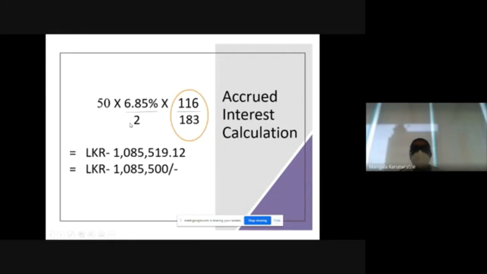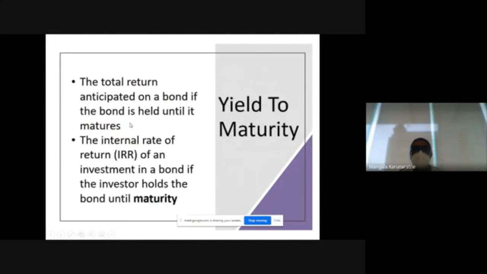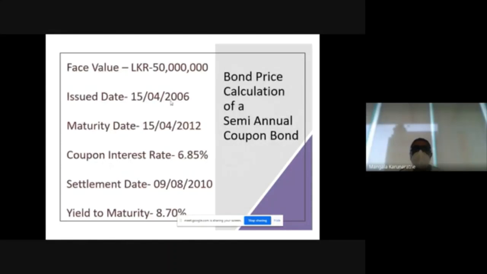Now this bond was issued on 15/4/2006, right? So it's maturing on 15/4/2012. In this bond, the coupons are paid every 6 months. So the first coupon was on 15/10/2006, right?